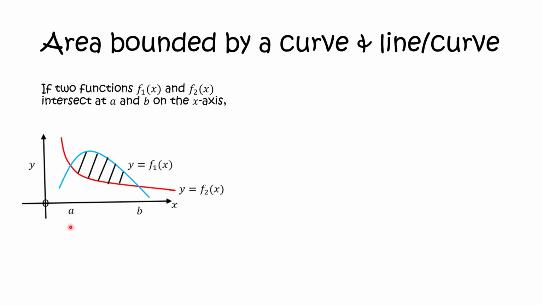That is in terms of the y-axis, but we are starting from the x-axis. So it means that the graph f1 of x would have a higher value compared to the f2 of x. So that is something that we have to bear in mind.